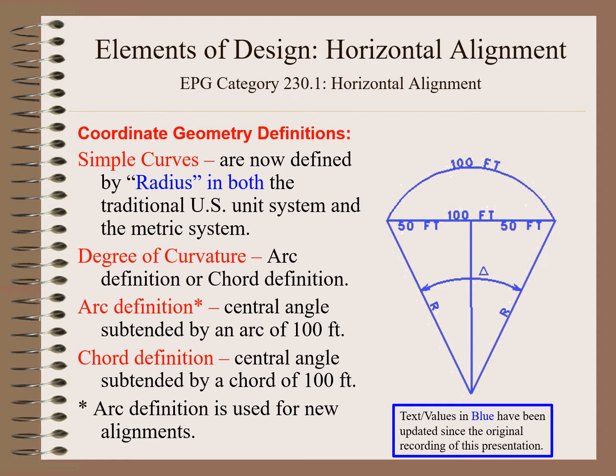The arc definition has a central angle subtended by an arc of 100 feet, while a chord definition has a central angle subtended by a chord of 100 feet. Arc definition is used for new alignments. Once in a while, you will find old plans that refer to a chord definition. Also, railroads are designed by chord definition.